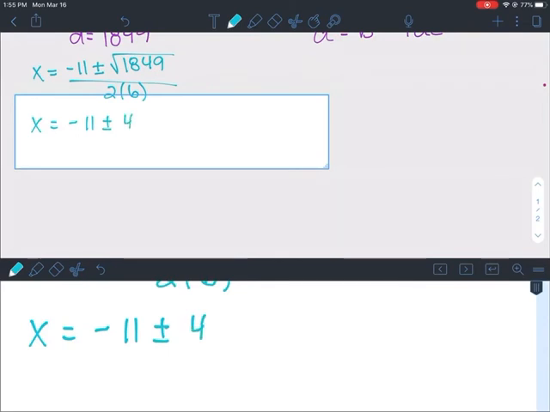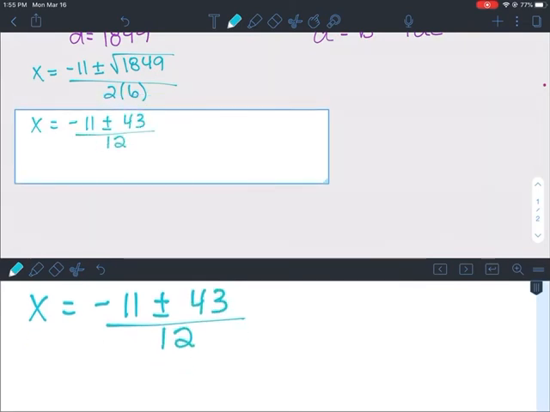We get x is going to equal negative 11 plus or minus 43 divided by 12. So then if I wanted to do that math, I'm going to do negative 11 plus 43 and then divide that by 12 and get 8/3. I'm going to do negative 11 minus 43 and divide that by 12 and get negative 9/2.